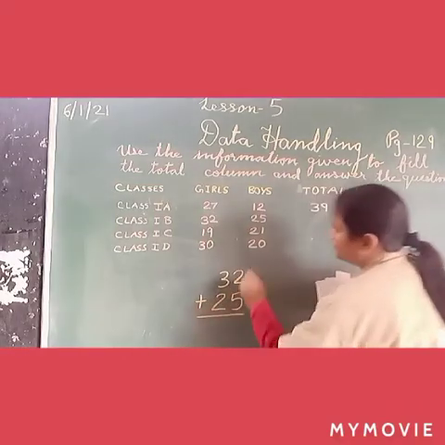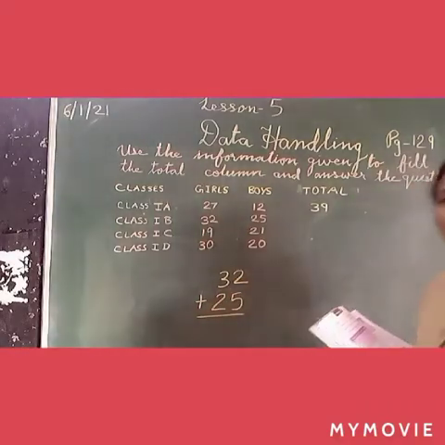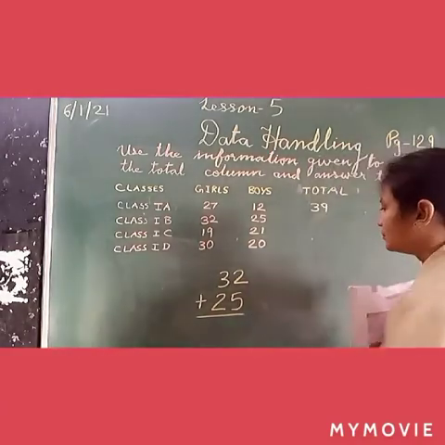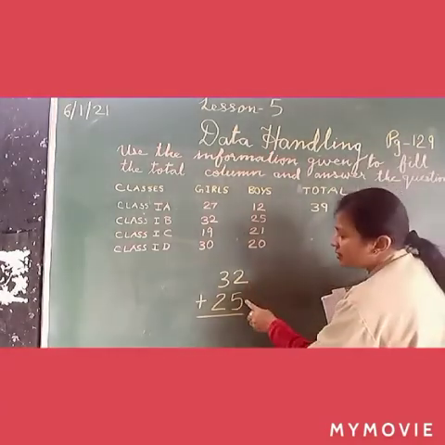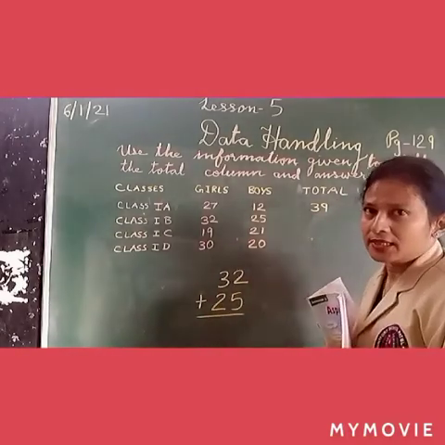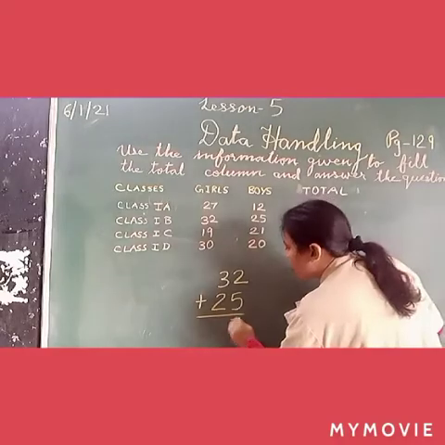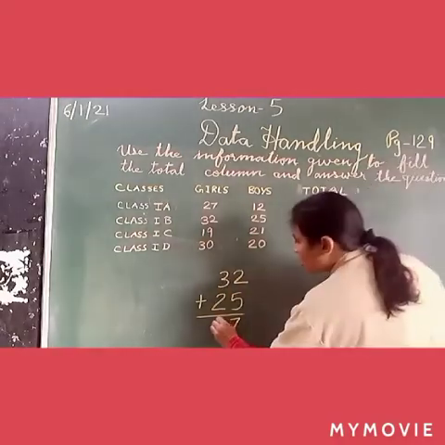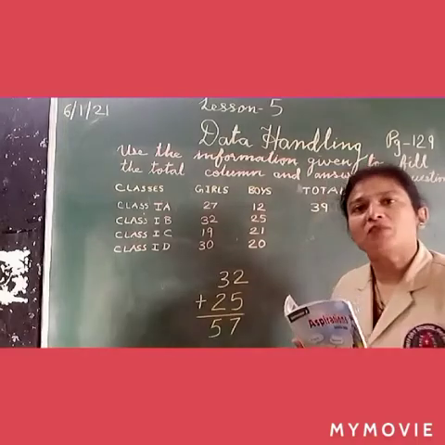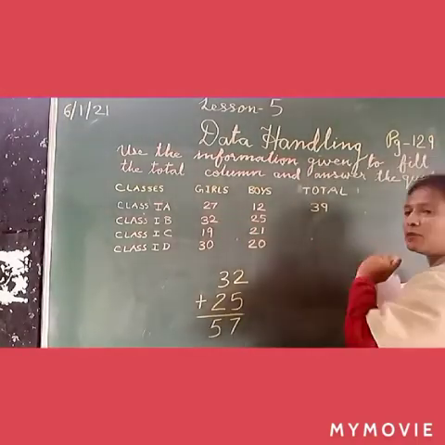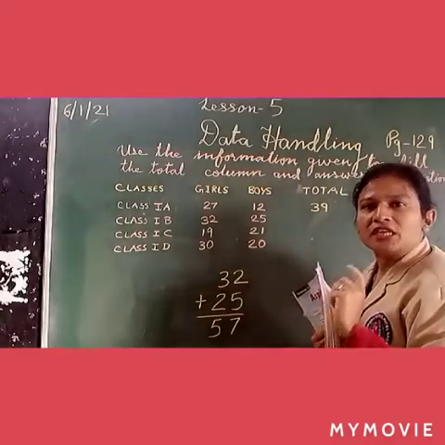Let's see total number of students in class 1B. Start the addition from ones. 5 plus 2 is 7 and 3 plus 2 is 5. Hope you can do addition mentally also. So, total number of students in 1B is 57.